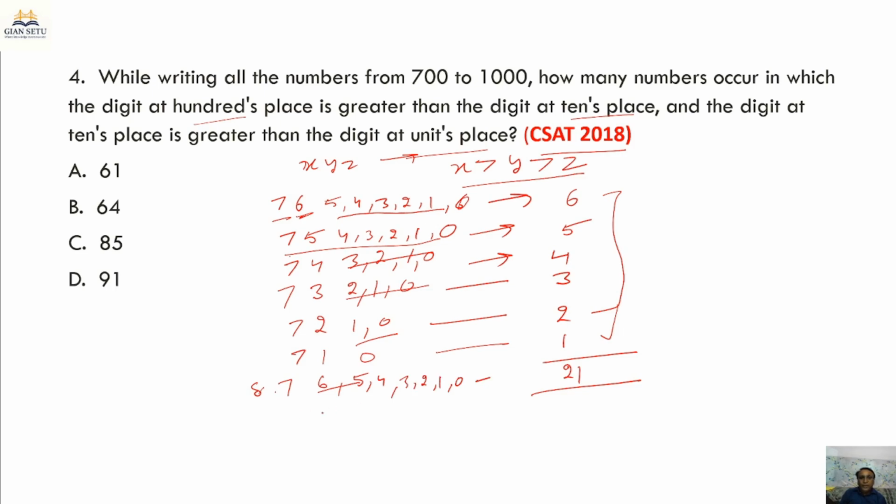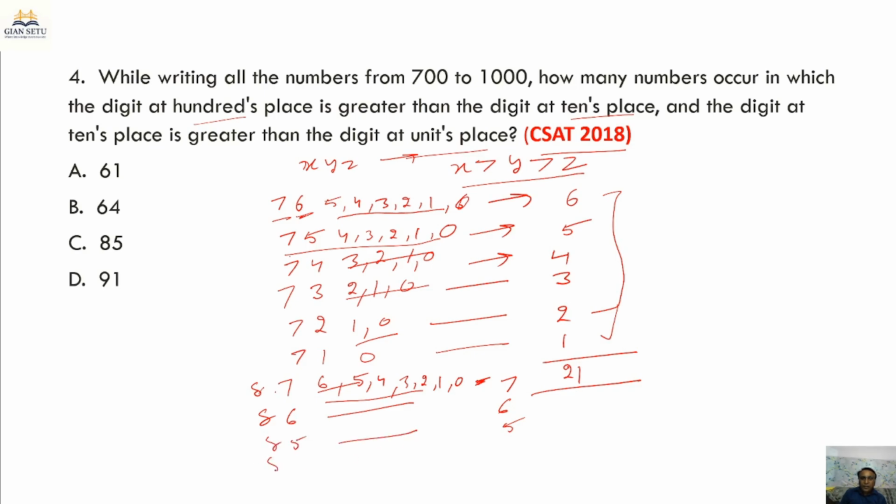So we can have 7 numbers here. Similarly, with 8 at hundreds place and 6 at tens place, we will have 6 numbers, and so on, then 5.